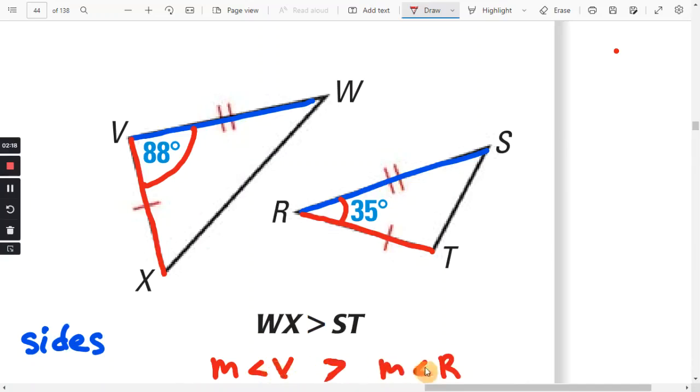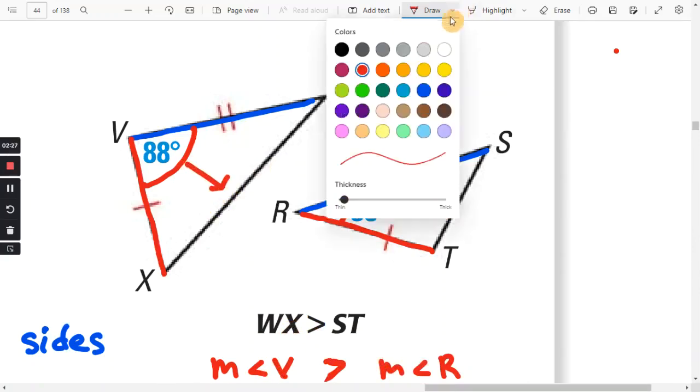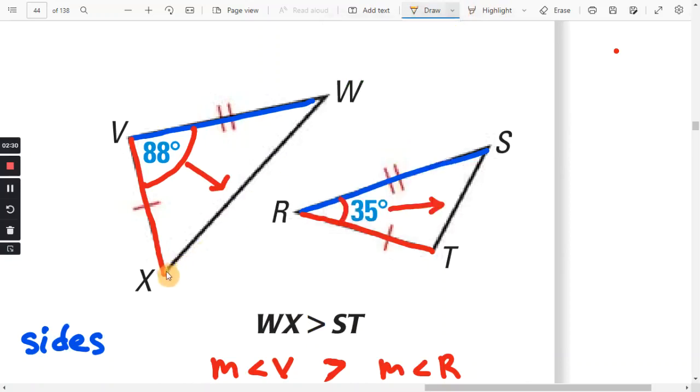Since angle V is greater than angle R, then the side across from it, if we go across from the angle in each case, okay, we have this side here, which is XW or WX, is greater than this side here, which is ST or TS. All right. So if you have the angles between two sides that match from one triangle to the other, you go across, the bigger angle will have the longer side length.